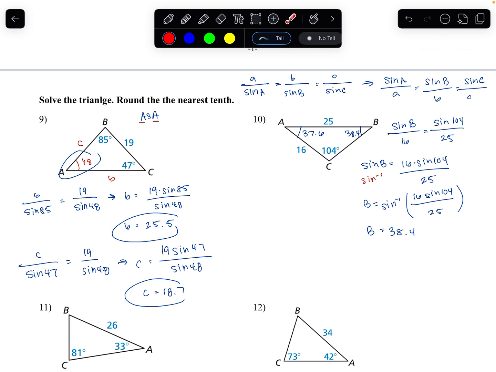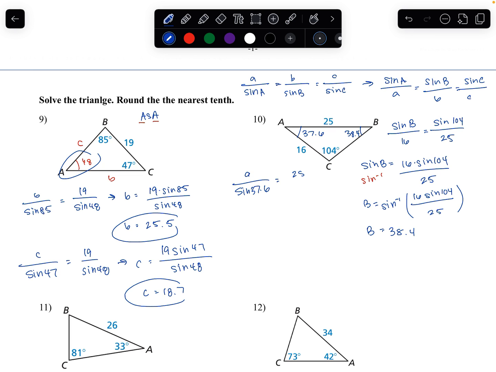Now all that's left to find is side A, and make sure that you do not use the Pythagorean theorem because this is not a right triangle. I am just going to use the law of sines where I'm solving for A. So A over sine of 37.6 is equal to, I'm going to go with C because those were the original parts that were given.